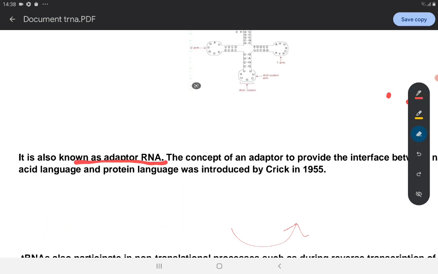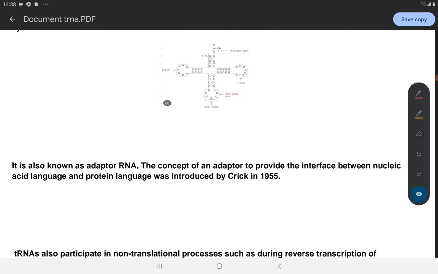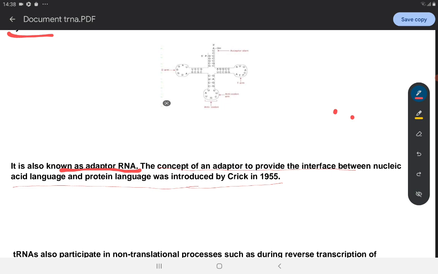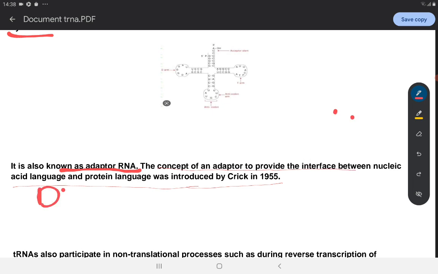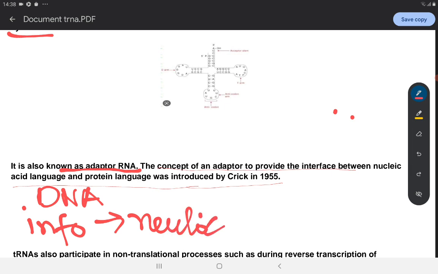So this is exactly what this adapter RNA, what is known as tRNA, does. The concept of an adapter to provide an interface between nucleic acid language and protein language was introduced by Crick in 1955, right? So let's see what it actually does. Our DNA contains certain information in the form of genes or nucleic acid.